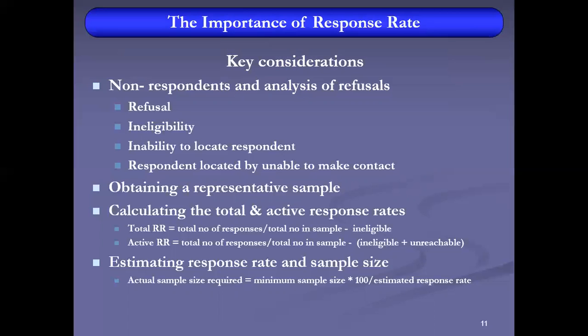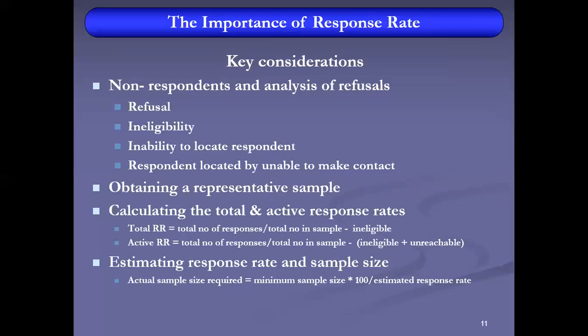Obtaining a representative sample. Calculate the total and active response rate. How can we obtain a representative sample? There are two things, calculating the total and active response rates. Total response rate is equal to total number of responses divided by total number in sample minus ineligible.